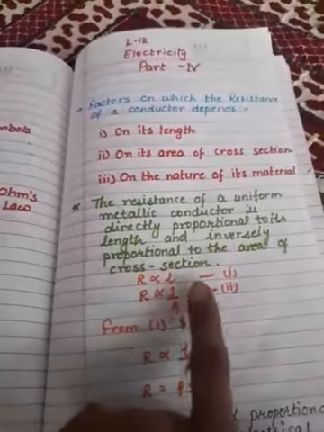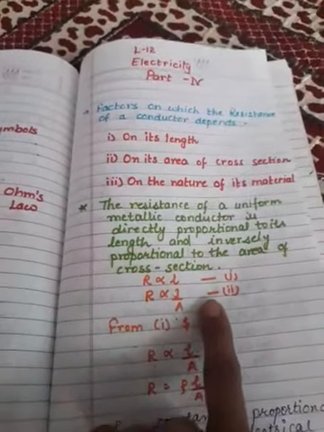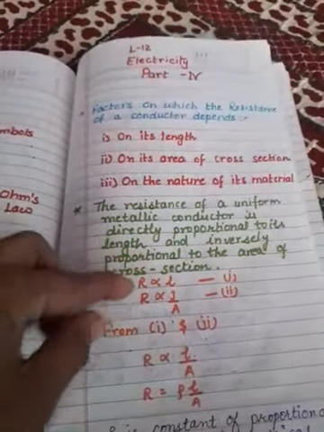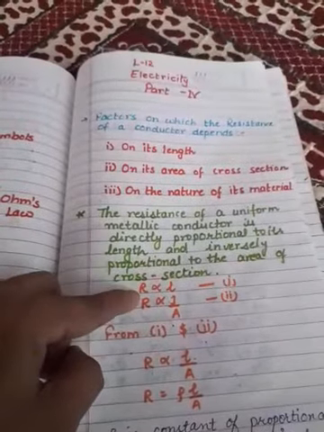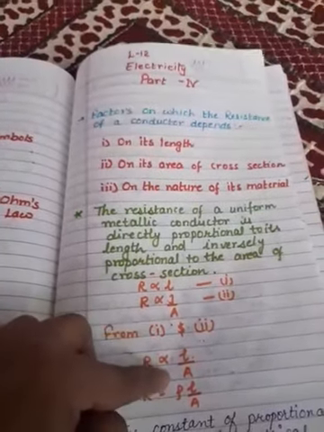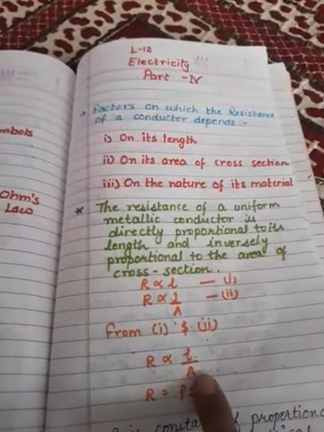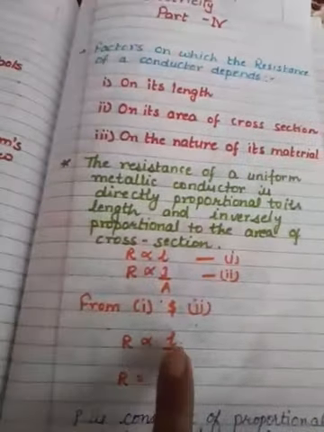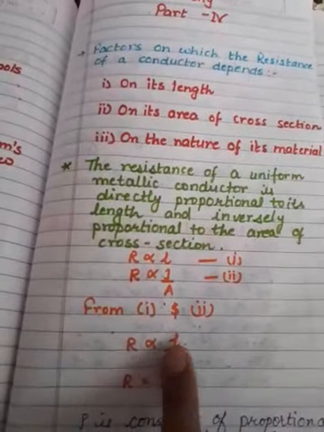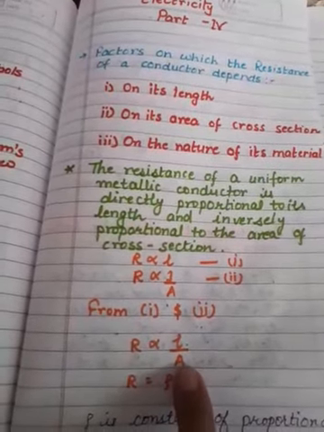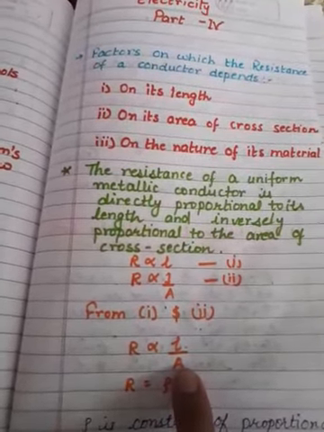So take this equation first and this second. Here R is here and R is here, both are same, so R will be directly proportional to length and inversely proportional to area.